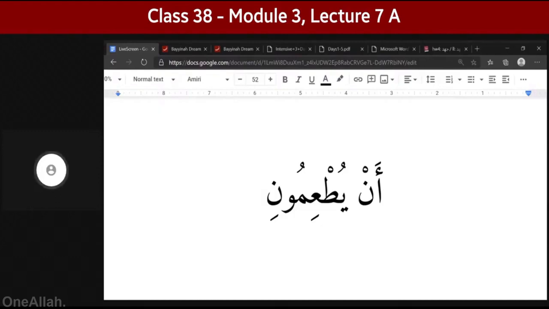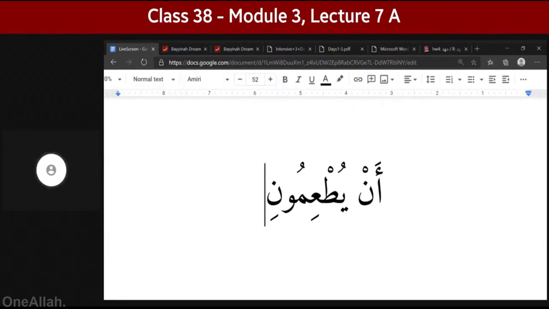So for those of you who thought this was a spelling mistake, that's where you were wrong. It's not a spelling mistake. You can find this in the Quran. I believe you can find it in Surah Al-Insan on the second page.